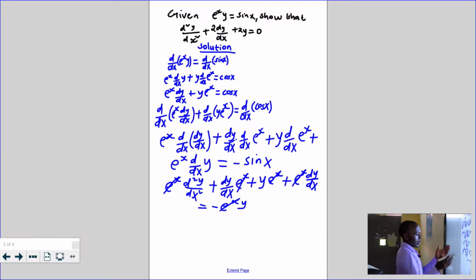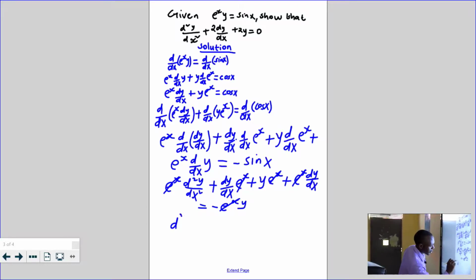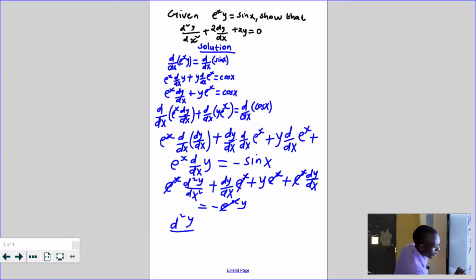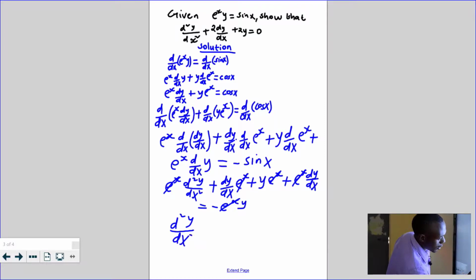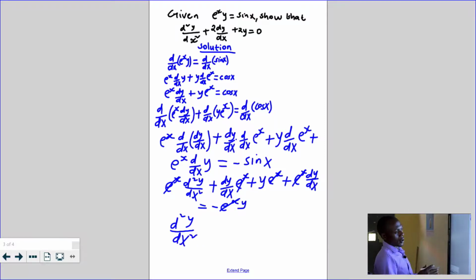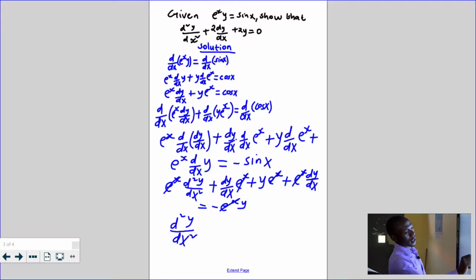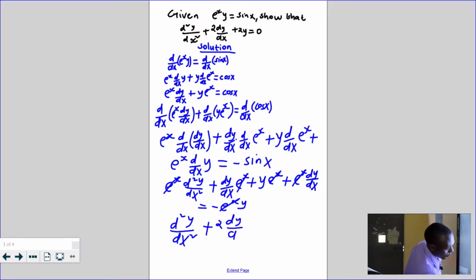Therefore we can see that the answer remains as d²y/dx², and dy/dx appears twice, so it is plus 2 dy/dx, and we are almost done.